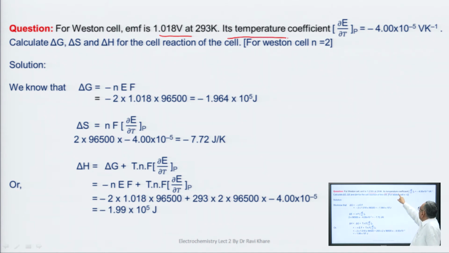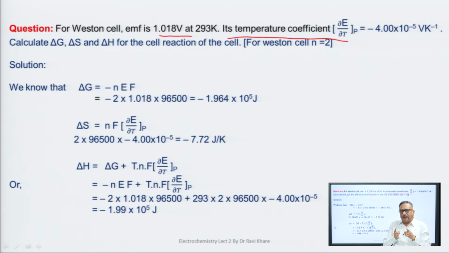Its temperature coefficient is minus 4.00 into 10 raised to the power minus 5. Calculate delta G, delta S and delta H for the reaction of the cell. You have to calculate the thermodynamic functions: delta G, the change in free energy, delta S, the change in entropy, and delta H, the change in enthalpy.